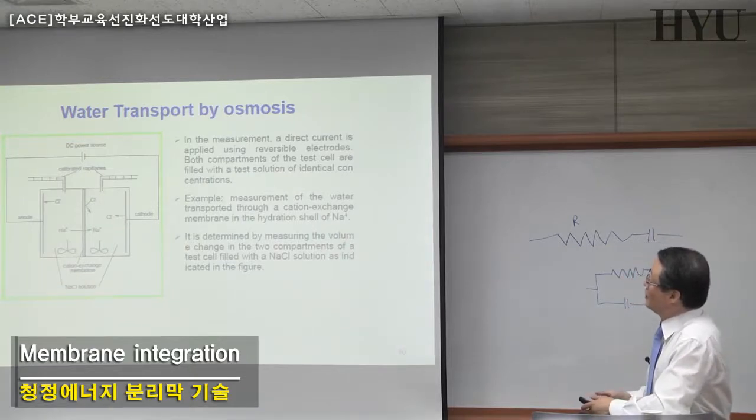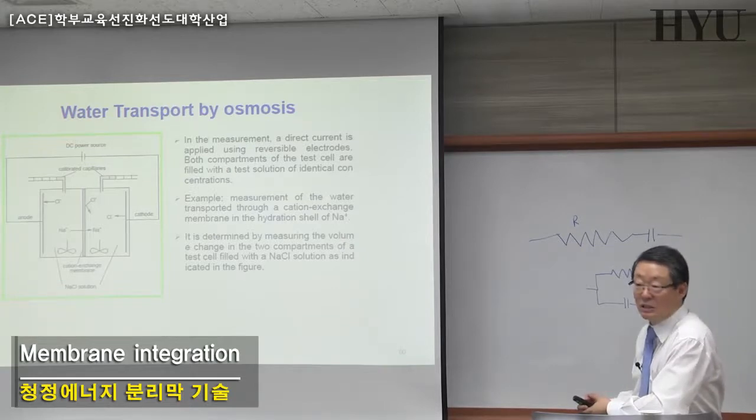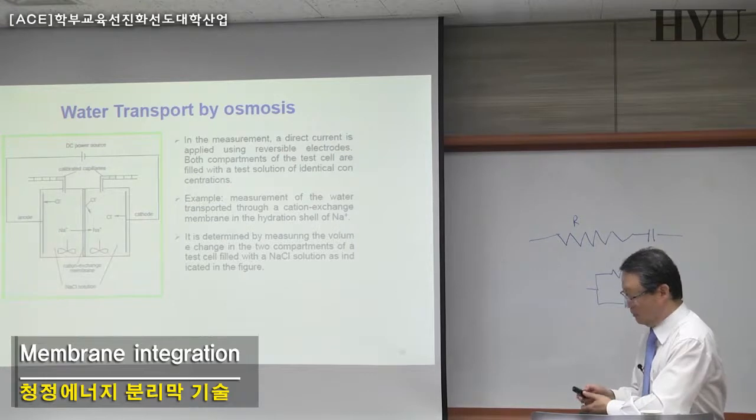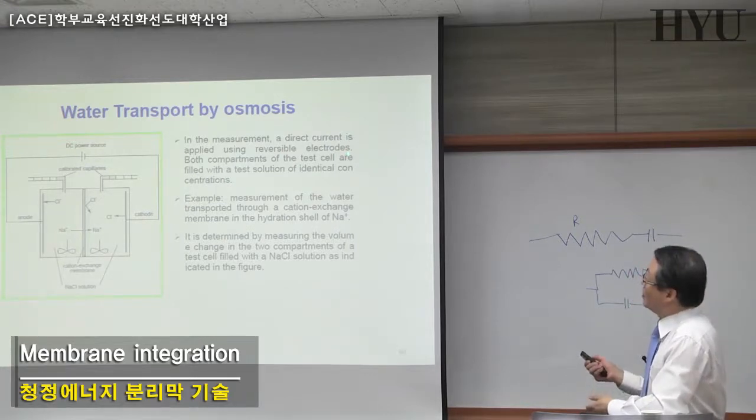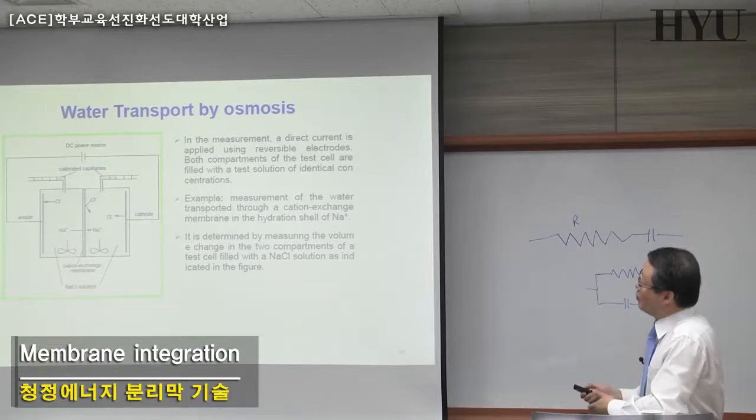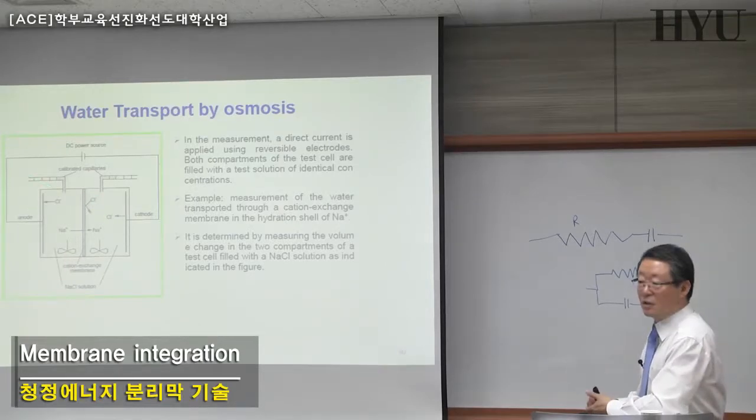So in this measurement, usually the direct current is easy because you are not influenced by the frequency aspect. So the direct current is applied in the case of this measurement. And both compartments of the test cells are filled with the test solution, usually the sodium sulfate solution.